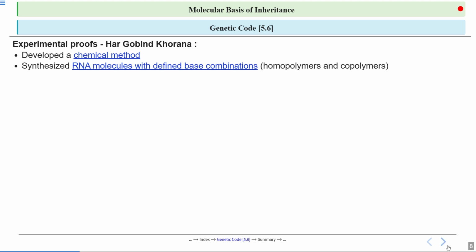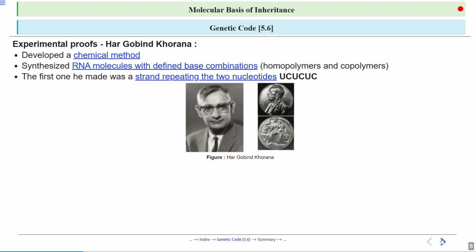So he synthesized RNA molecules which have defined base combinations. The first one he made was a strand repeating two nucleotides. Means the first RNA molecule which he made was like this. It is repeating these two nucleotides only: uracil, cytosine, uracil, cytosine, uracil, cytosine. Here's the picture of Hargobind Khurana.